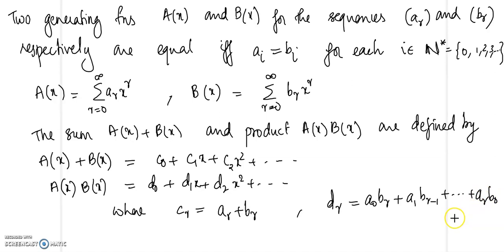So that is the value of c_r and d_r. Here r varies from 0, 1, 2 to infinity.